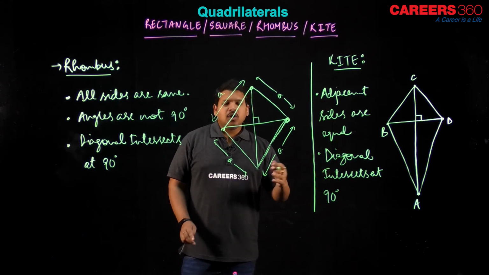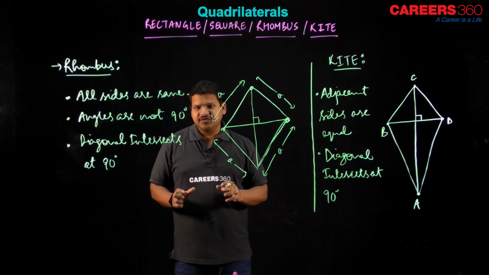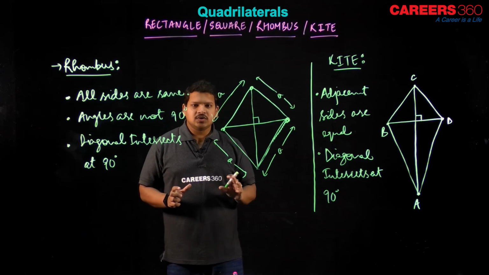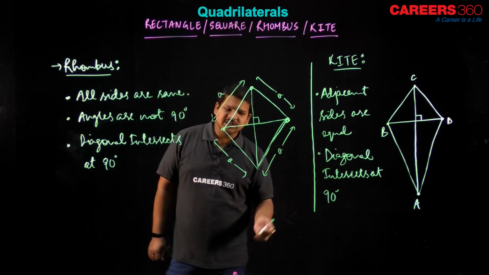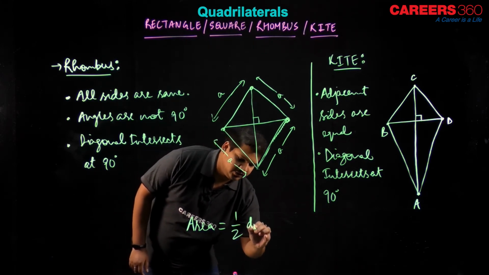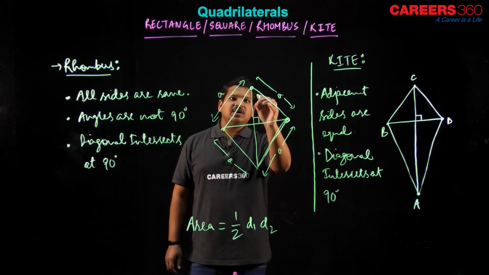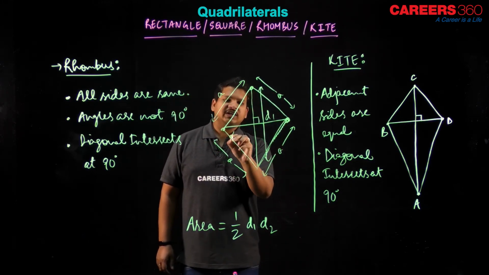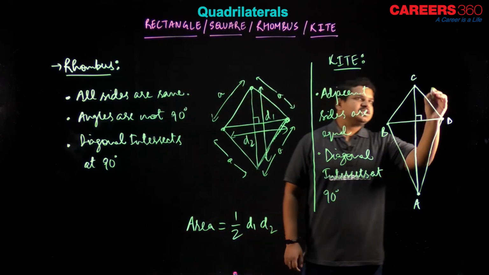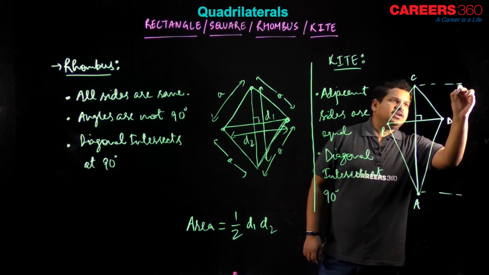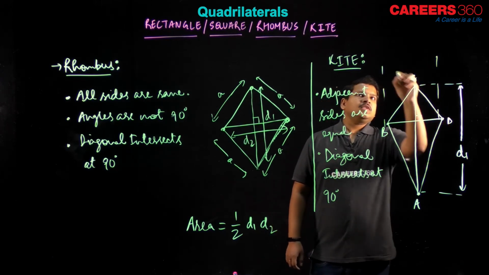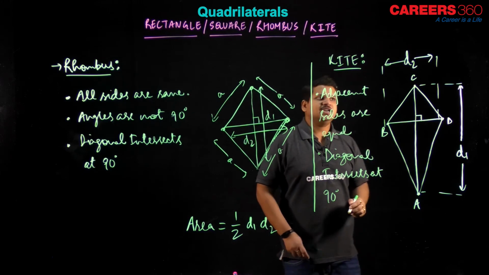Now all of the quadrilaterals where the diagonals intersect at 90 degrees, you can classify them in a similar manner, and in all these cases, the area would be half into D1 and D2, where D1 is the length of the first diagonal and D2 is the length of the second diagonal.